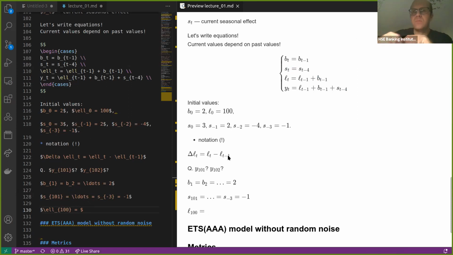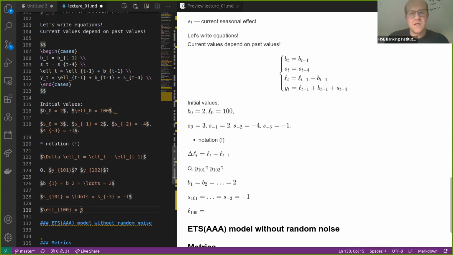We go up by 2 every time. L1 is 2 plus L0. L3 is 2 plus L2, and so on. It's a walk, but not random. But the equation seems a little bit like the equation of a random walk.